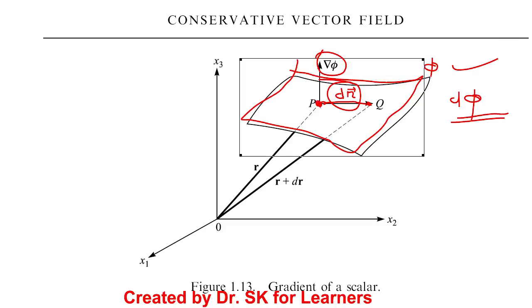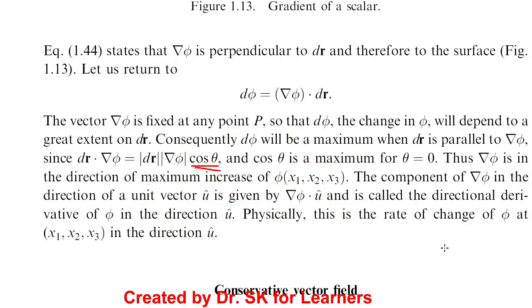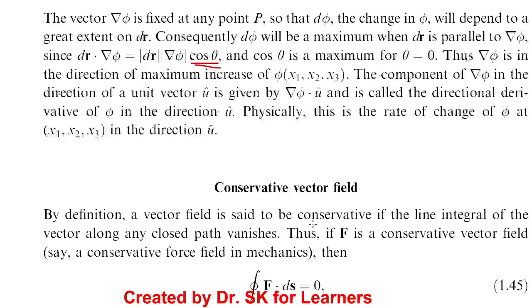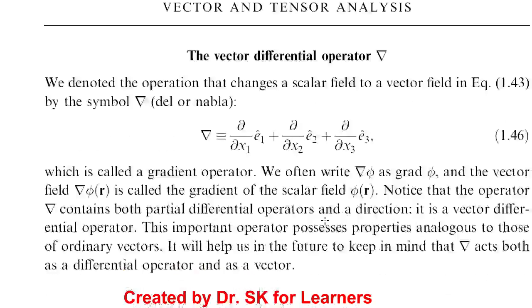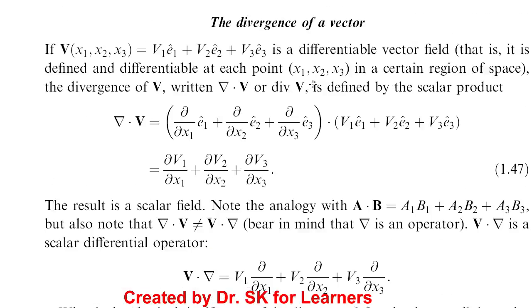This is how the vector differentiation of a scalar function works, and we'll go to the second part, the vector differentiation of a vector field, which is again two parts, dot and cross. We'll discuss those things in our next class.